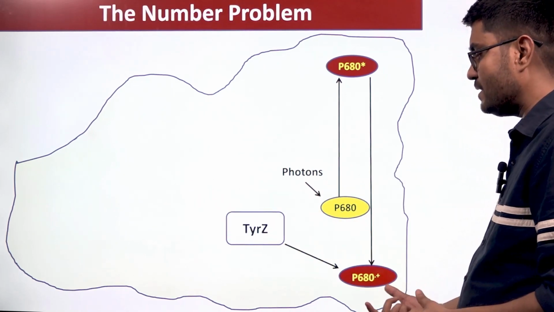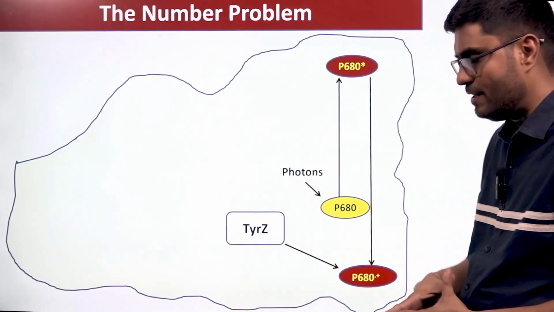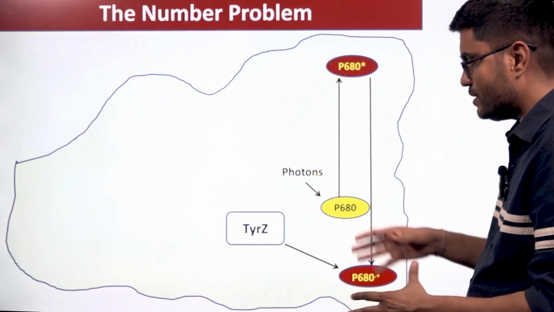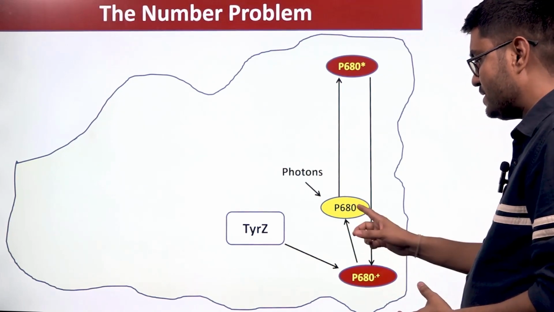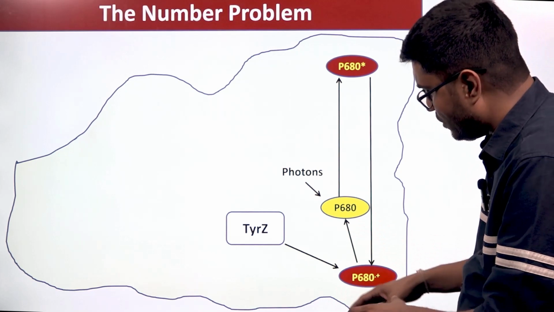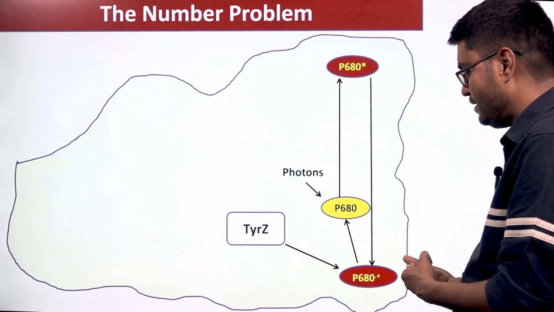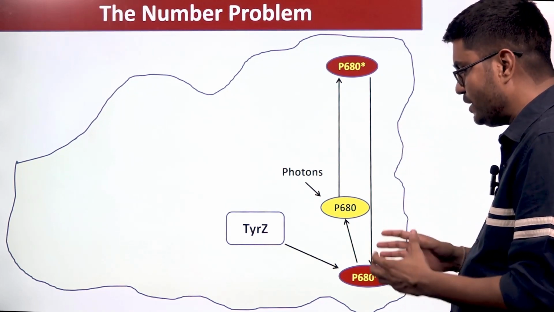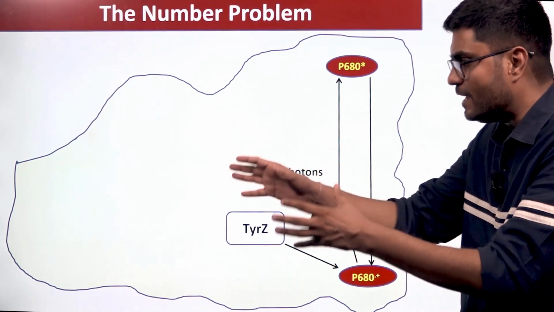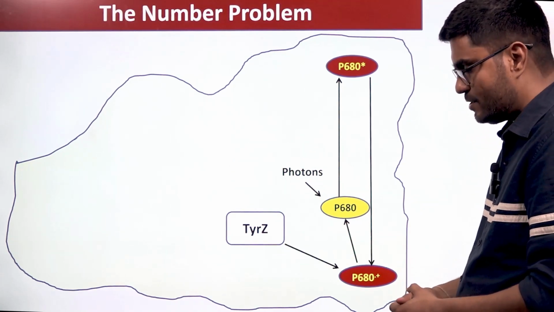It is accepting the electron from a tyrosine residue called tyrosine Z, TyrZ, of the protein system and converting back into P680. So the one electron gained by the P680 radical ion in the Z-scheme is not coming directly from water. It is coming from the tyrosine Z residue.